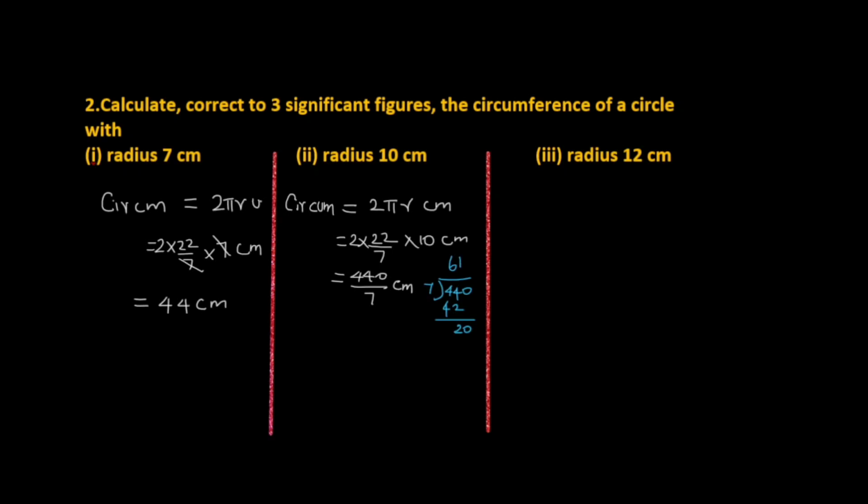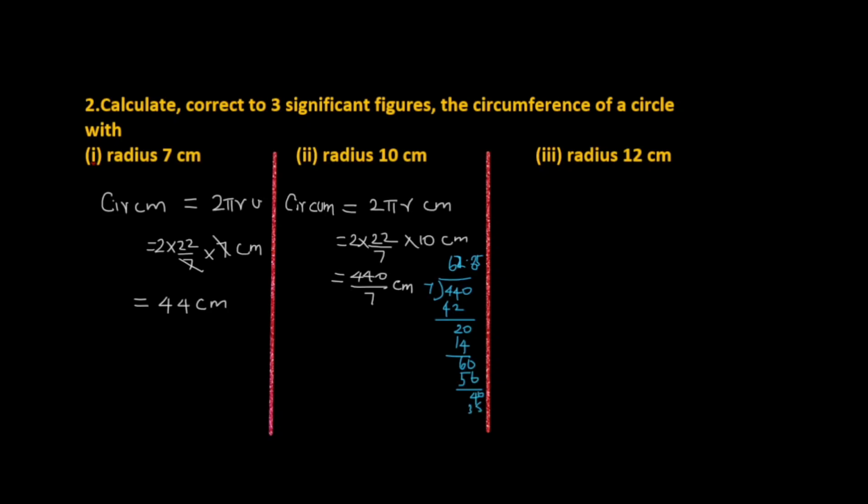Remaining 20, then 2 times 14, remaining 6, then keep a dot, 0, 8 times 56, remaining 4, then 40, 5 times 35, so it goes on.